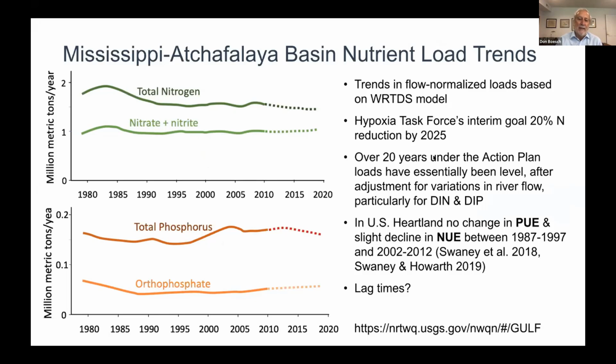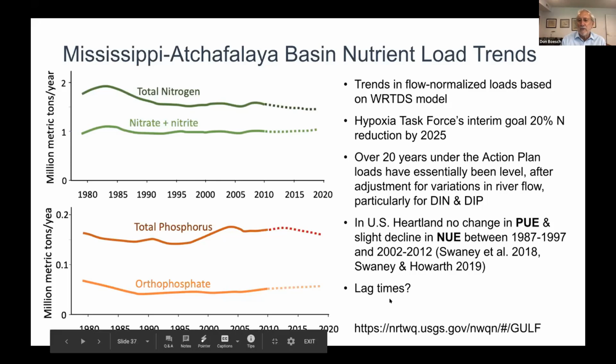And indeed, in fact, this whole thing has gotten slow to start in the Mississippi Basin. And there's evidence. So for example, on a large scale, nitrogen use efficiency, the ratio of nitrogen that's removed in production to the nitrogen that's applied, really has gone down a little bit. And for phosphorus, it's remained fairly stable.